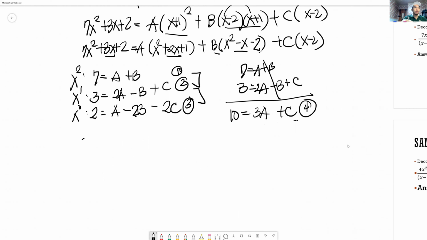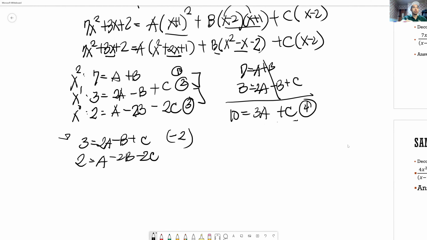So 3 equals 2a minus b plus c. And then 2 equals a minus 2b minus 2c. Since we eliminated b here, we should also eliminate b in this equation. So to eliminate that, we should have negative 2 for this equation.